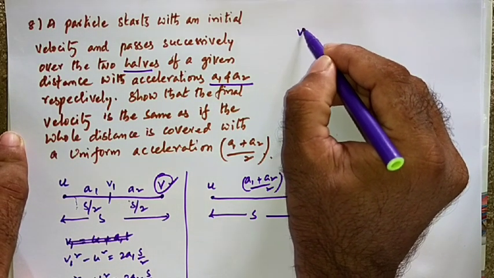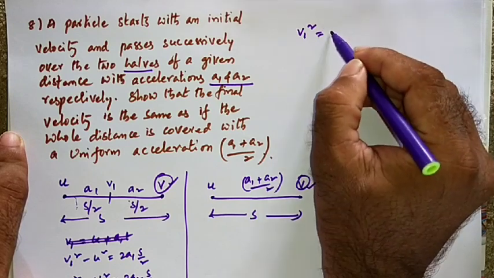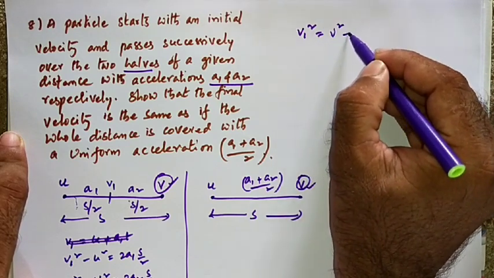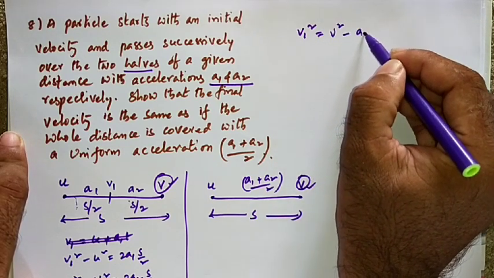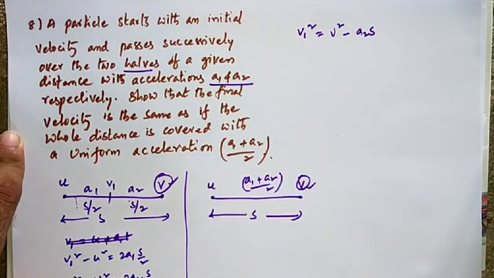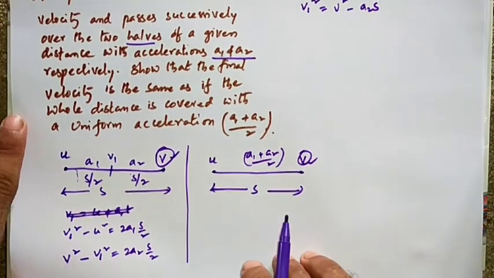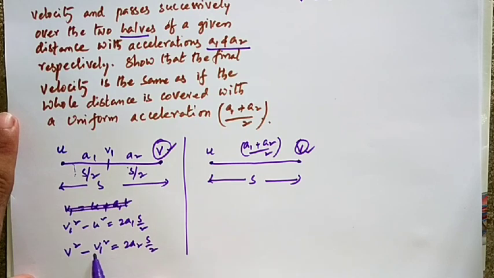So v1 square is equal to v square minus a2 into s. Okay, see here. v square minus v1 square is equal to a2 s, 2 gets cancelled. So v square minus v1 square is equal to a2 s. From this, v square minus a2 s is equal to v1 square.